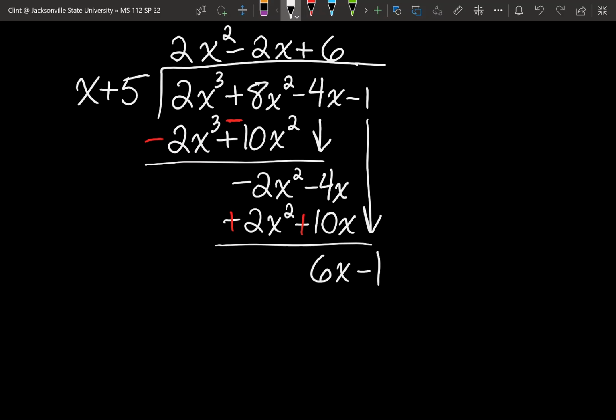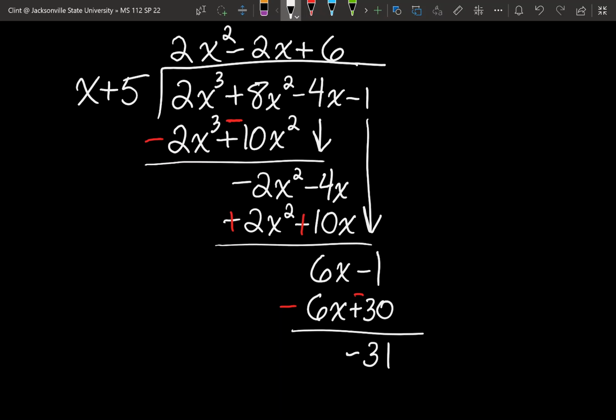So 6 times x is 6x. 6 times 5 is 30. Change our signs. Six x minus 6x, that's 0. That part goes away. Negative 1 minus 30, negative 31.